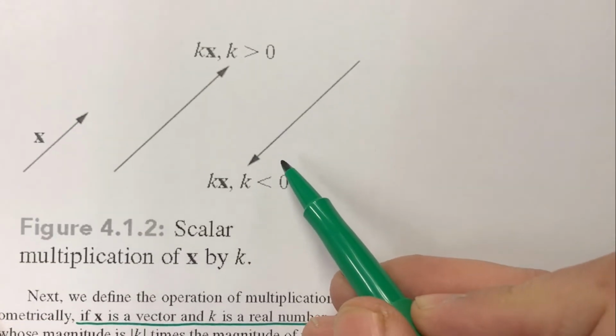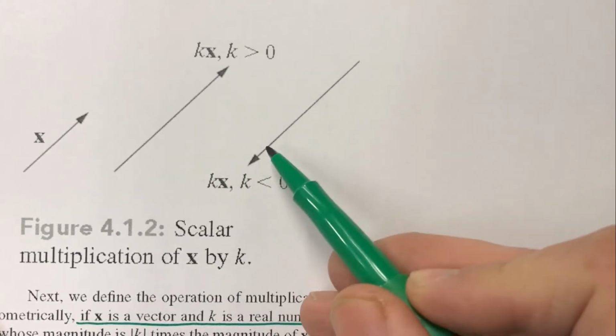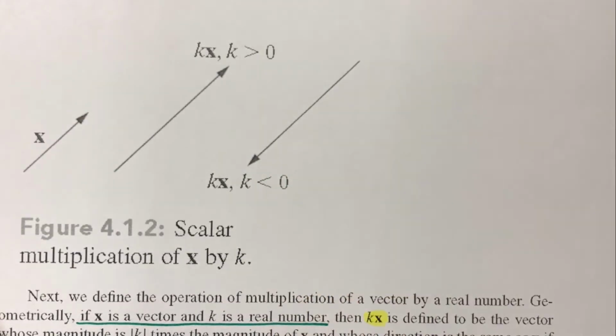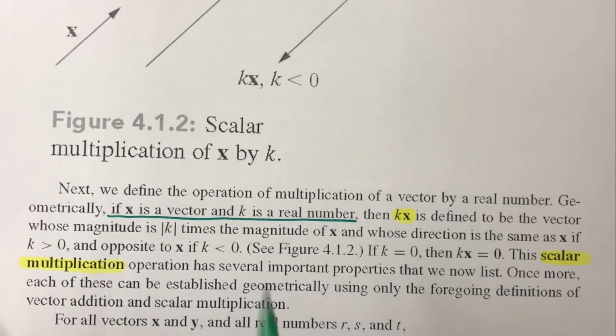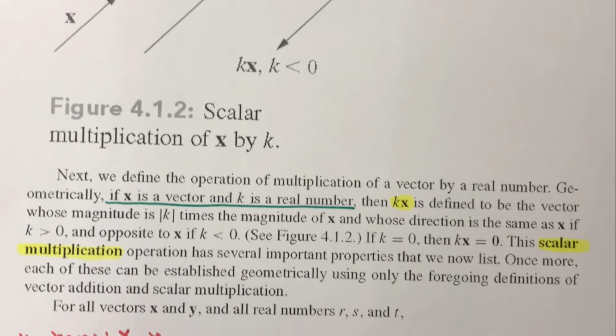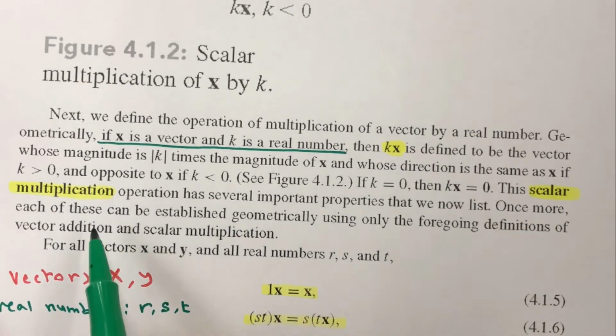Same thing happens if you multiply by negative 2, which is twice as much. So basically we're looking at vectors and scalars as real numbers. In short, we call them kx, and this is called scalar multiplication.